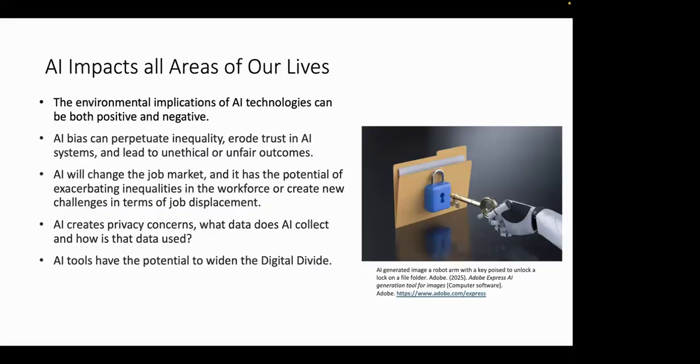So I just did a quick rundown on this slide of some of the things that the tutorial definitely goes more in depth for. We're getting a little close on time, so I'll just go over them briefly for you. It's important to understand the environmental impacts of AI because they are both negative and positive.